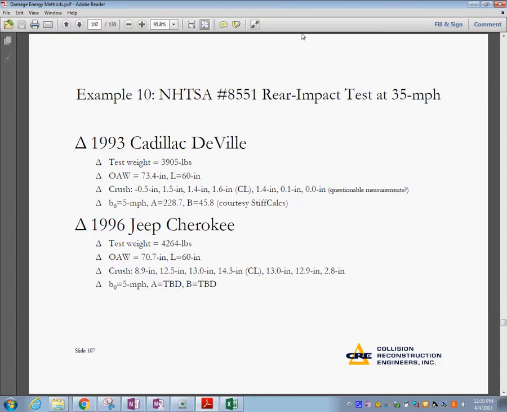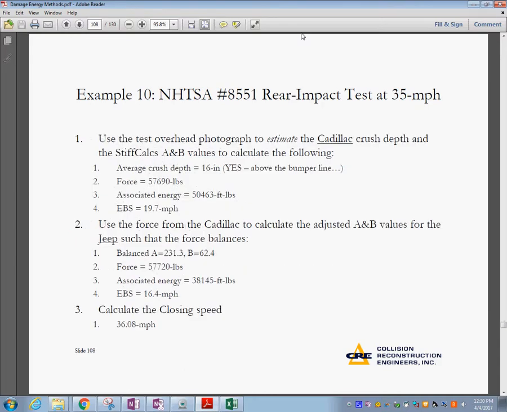Well, you have measured the crash. 1, 2, 3, 4, 5, 6. So use the test overhead photograph to estimate the Cadillac crash depth on stiffness scales.